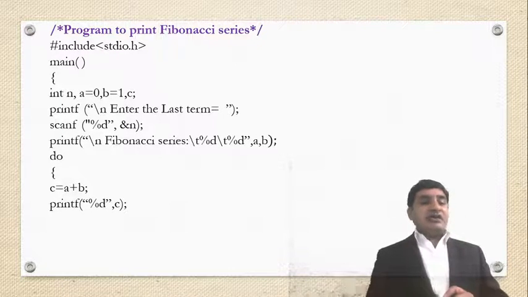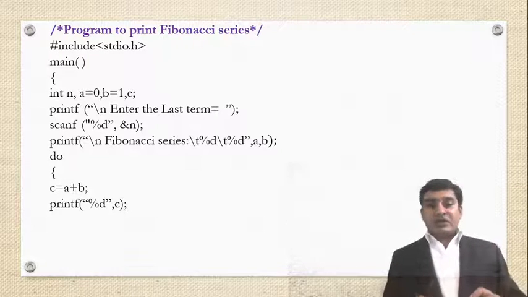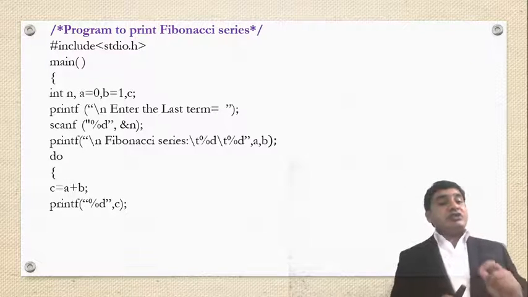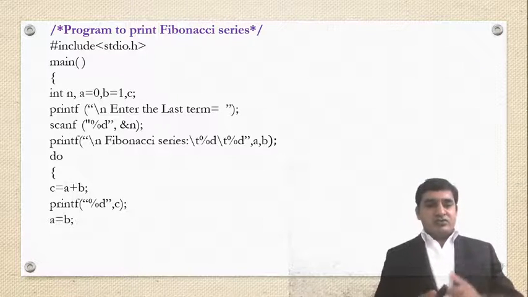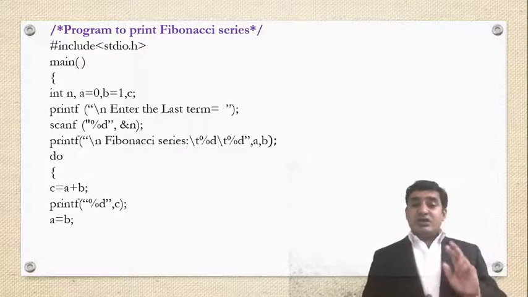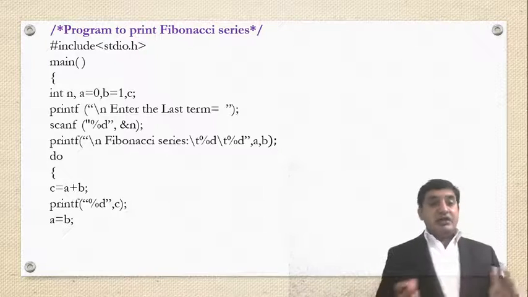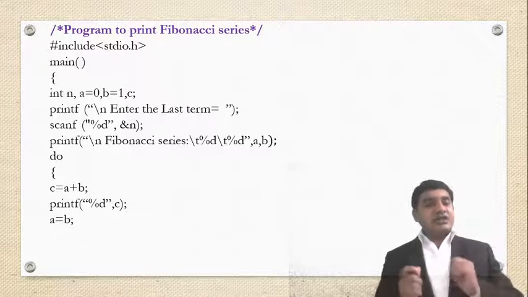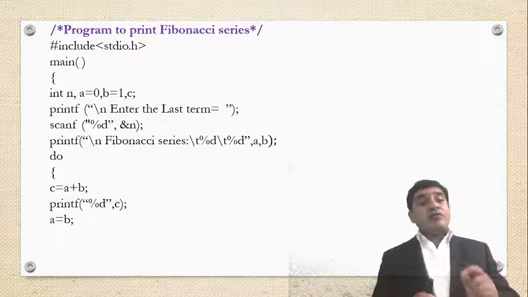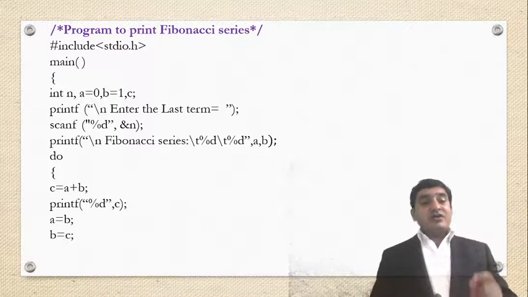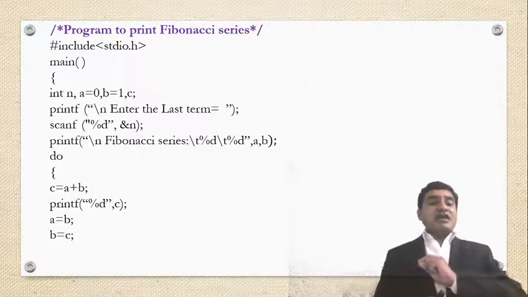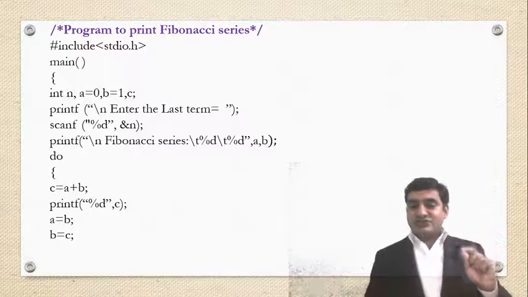It indicates that the term we got, the third term, is also an integer. Now a is equal to b, that is, the first term is considered as the second term. Now the second term is considered as the third term, that is, b is equal to c.